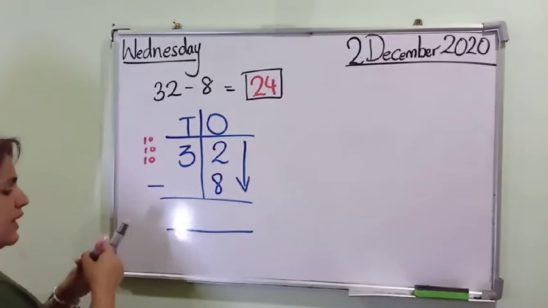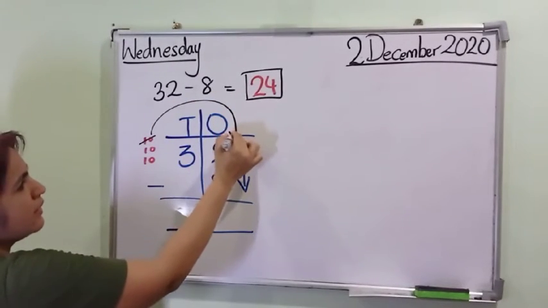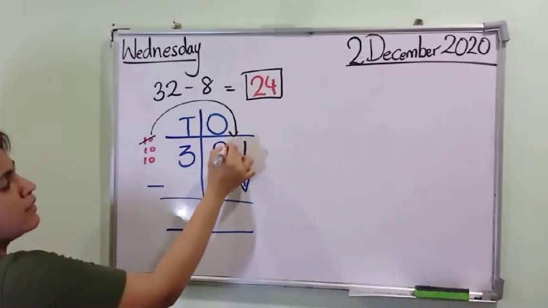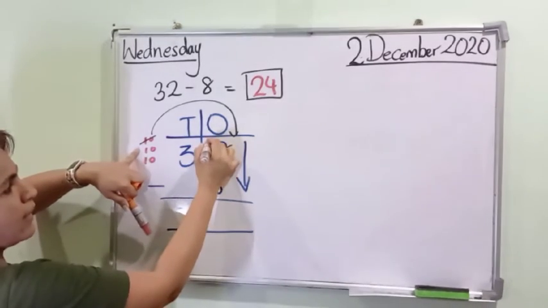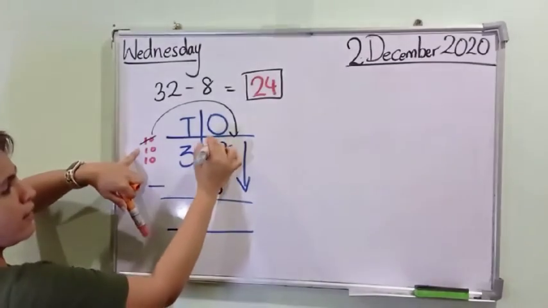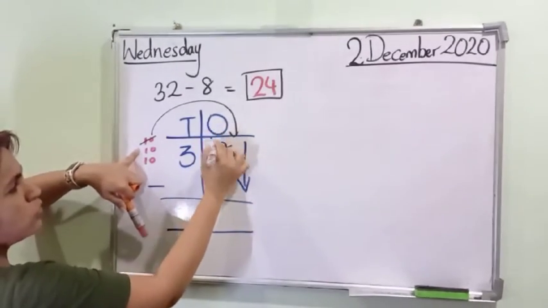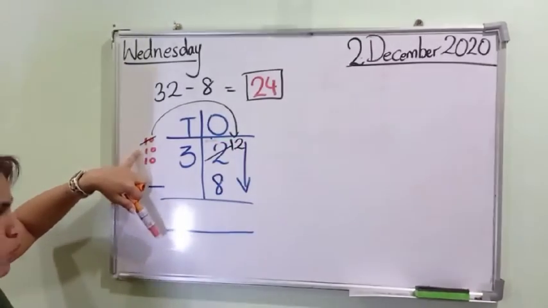Now when I send this 10 over here, the new number would be 10 plus 2, that is 12. 10 plus 2 is 12. A new number is 12.